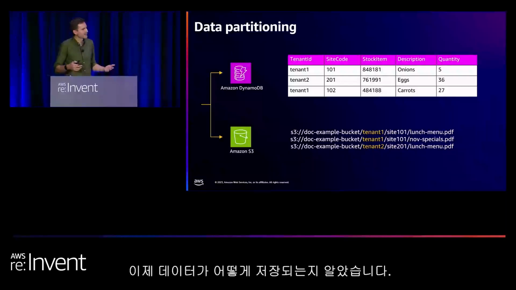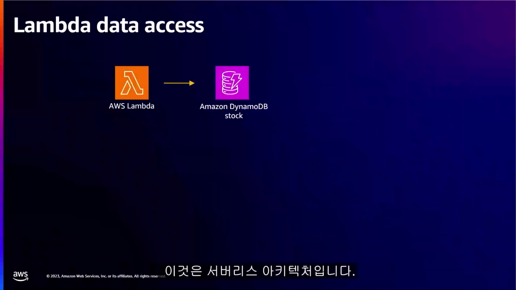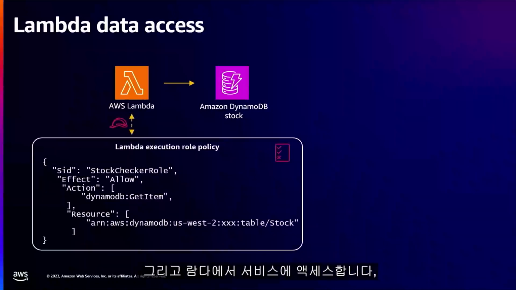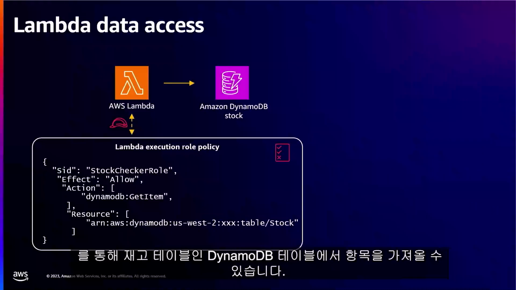So now we know how the data is stored, let's think about how we access it. This is a serverless architecture, so we're going to use Lambda to access the data. And when we access services in Lambda, we have something called an execution role, which has an IAM policy assigned to it. In this example, the policy allows us to get items from the DynamoDB table, the stock table.